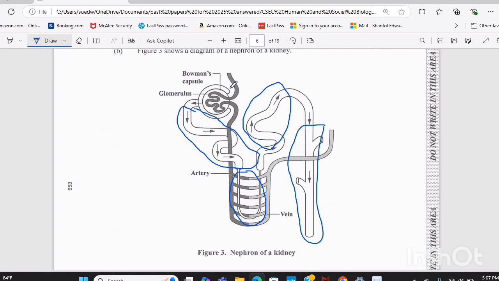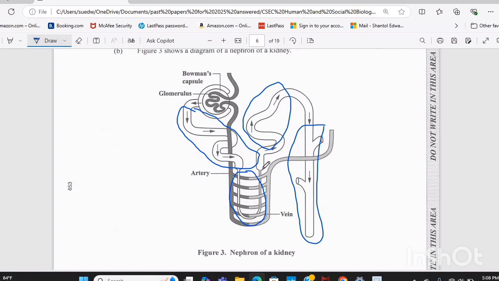So what we do, students, is we must state all the structures that are present after the Bowman's capsule. The Bowman's capsule is here, labeled at the top. Now, if you remember, the structure that follows the Bowman's capsule, or this first part that I circled, is called your proximal convoluted tubule. So that's 1 mark. The part which follows the proximal convoluted tubule is the loop of Henle, which is this U-shaped structure down here.